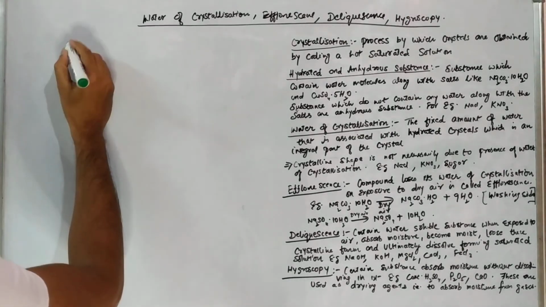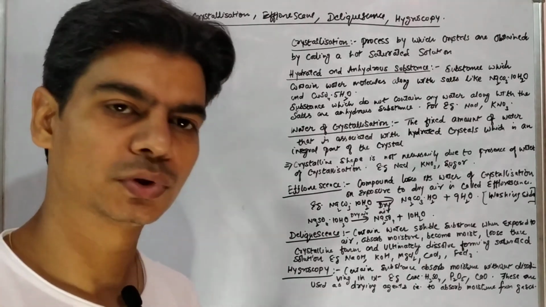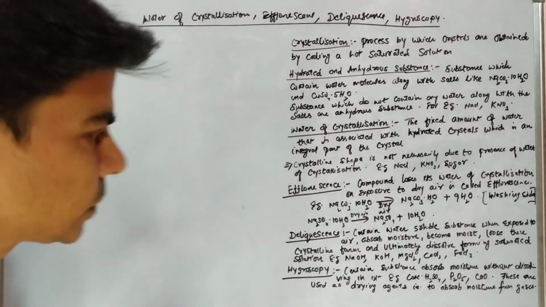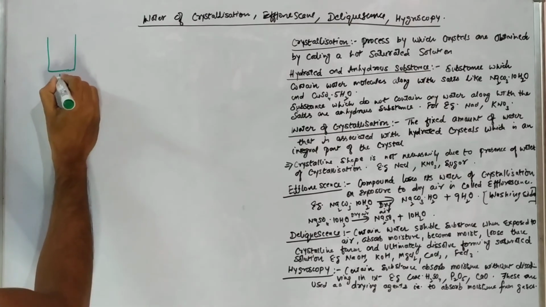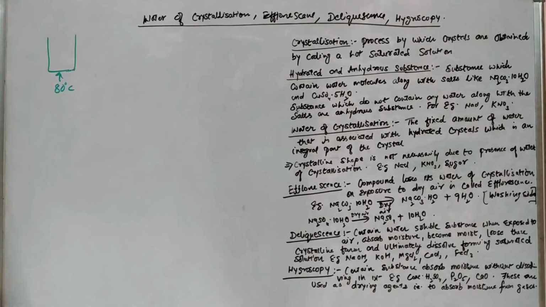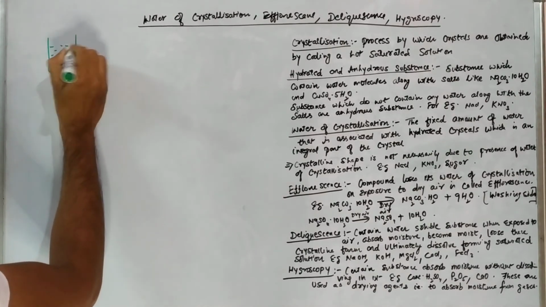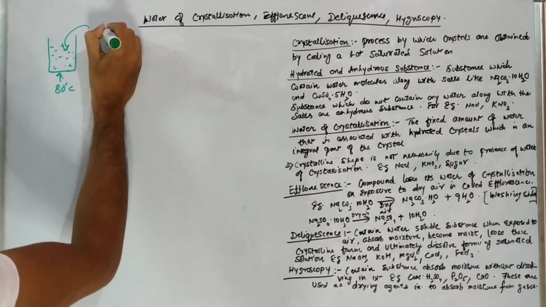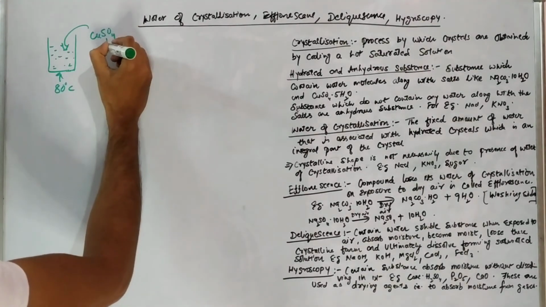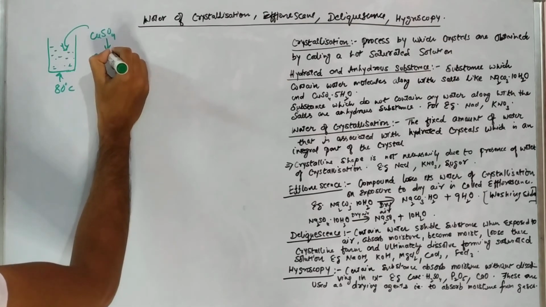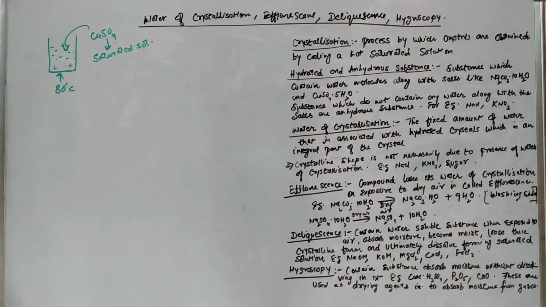Now let's take an example of a solution of copper sulfate. We prepare the solution of copper sulfate at 80 degrees Celsius. We add copper sulfate to it and prepare a saturated solution of copper sulfate.